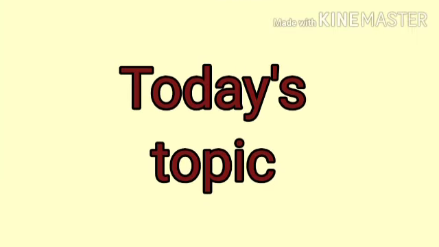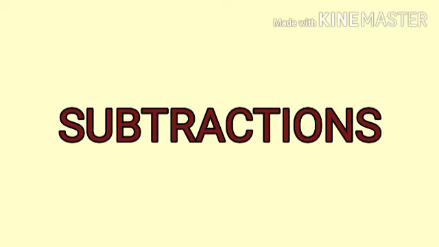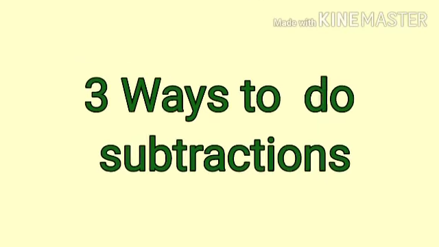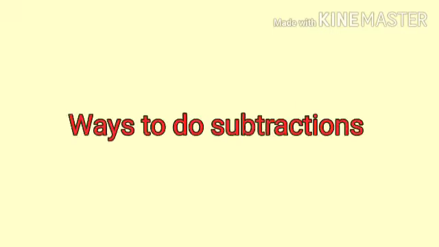Let us go to our topic. Today, we are going to discuss subtractions. Like additions, subtractions also we can do in 3 ways. That means we can do subtractions using 3 methods. Let us see the 3 methods.